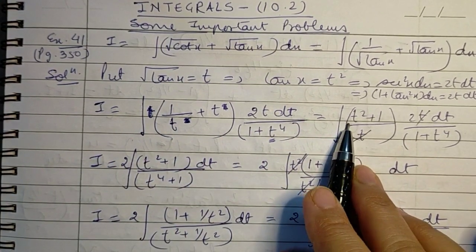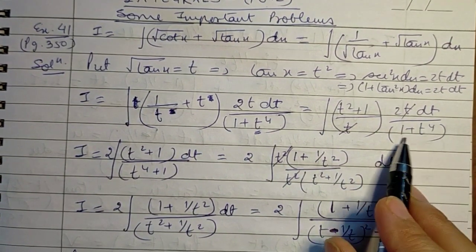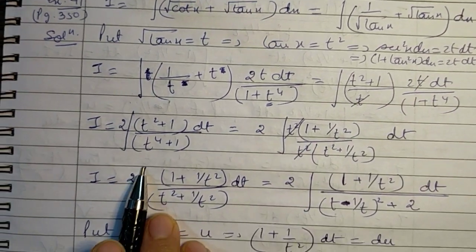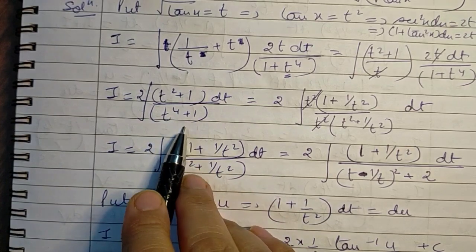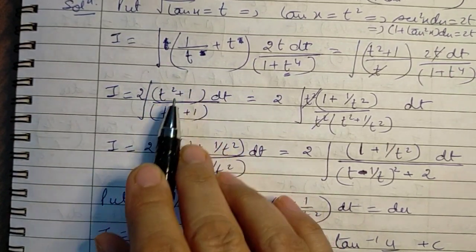Simplifying we get t squared plus 1 upon t, into 2t dt upon 1 plus t raised to power 4. This t gets cancelled. We are left with t squared plus 1 upon t to the power 4 plus 1. This is another very important point to be noted.